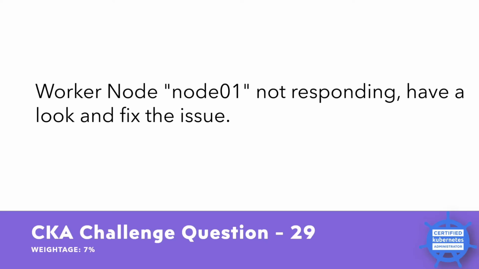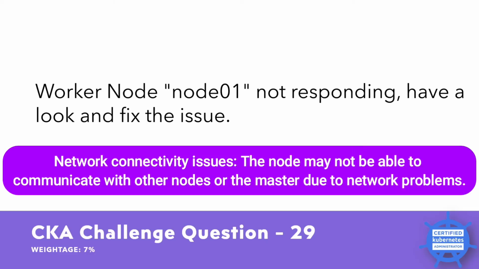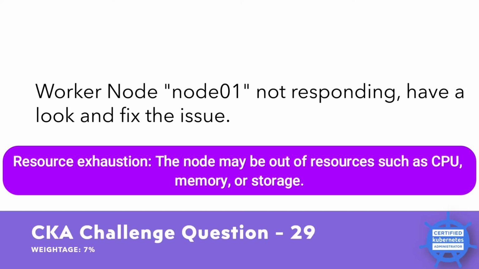The first step in troubleshooting the issue would be to try and determine the root cause of the problem. Some possible reasons for a worker node not responding could include network connectivity issues. The node may not be able to communicate with other nodes or the master due to network problems. Resource exhaustion.